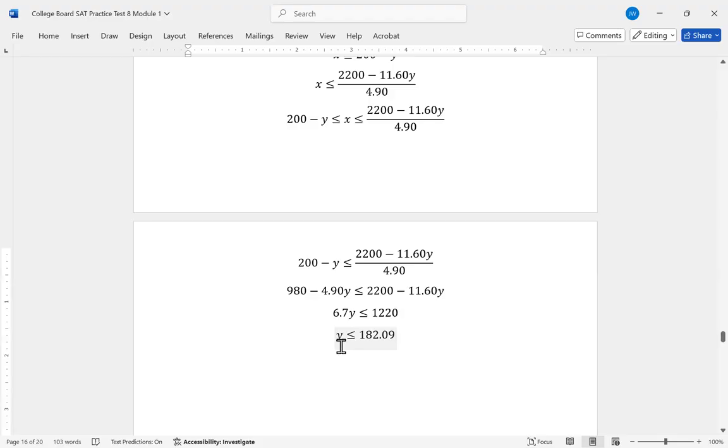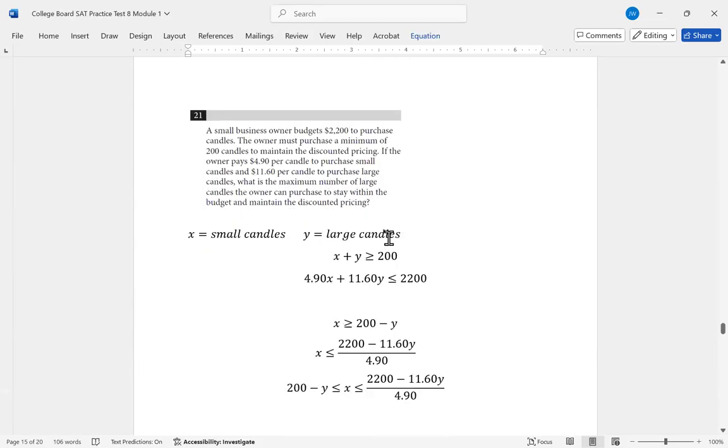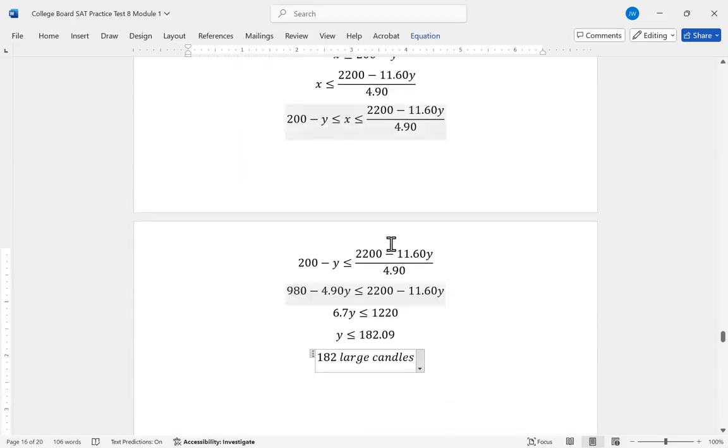If we go to 183, we've gone up too far. My Y value has to be 182. And therefore, the answer to this question is 182 large candles. We can't buy 0.09 of a large candle, so we can purchase at most 182 large candles. And that's the answer to question 21. The answer is 182.